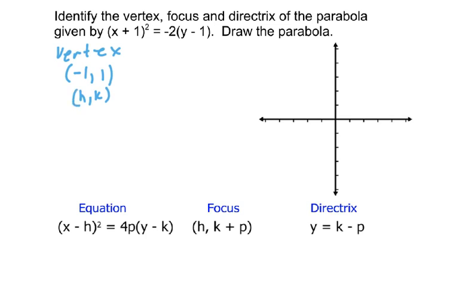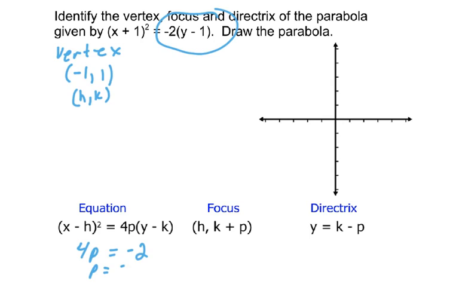Our focus, since it's h, k plus p, then we're going to need to solve for our p value. So it appears we have a -2 multiplied by our 1. So that means that 4p is going to be equal to -2. That's in the same spot up here.